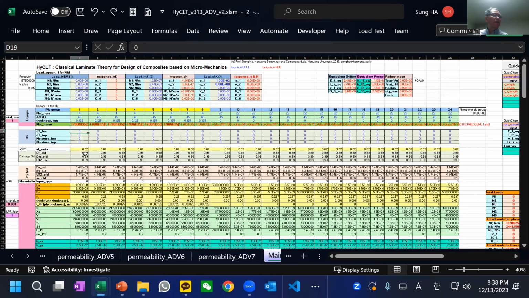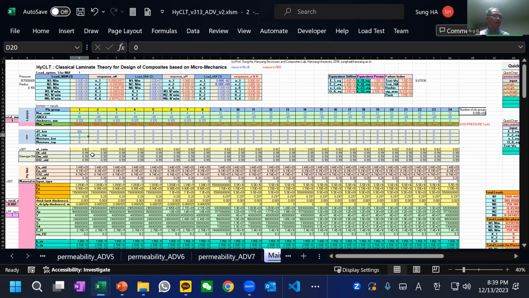Let's say we apply a uniform temperature all through the thickness. With respect to the reference, we increase the temperature by 100. If room temperature is stress-free, then delta T of 100 means that the absolute temperature will be 125.